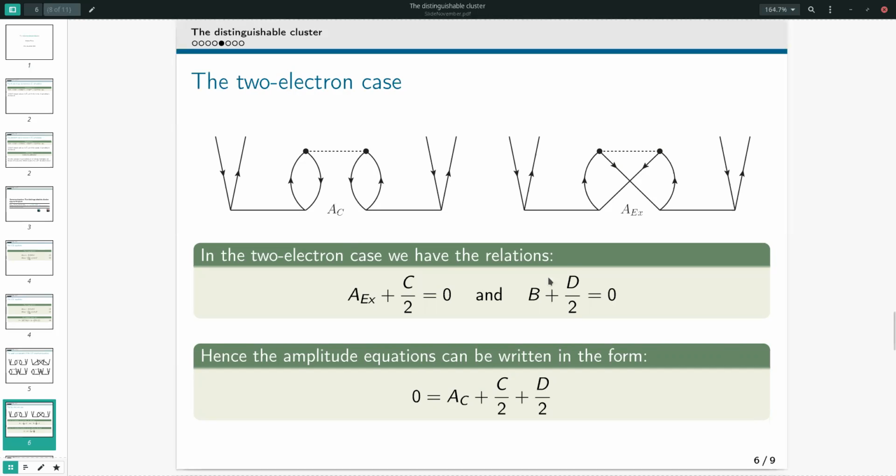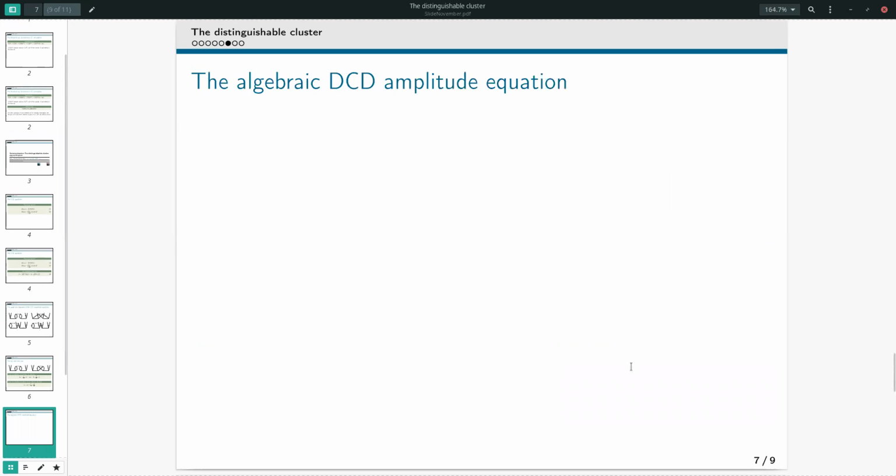By adding those relations with a good parameter, we can rewrite the amplitude equation like that. This equation is exact for 2 electrons, but we can use it for more electrons and just see if it's good or not, though it will not be exact anymore.